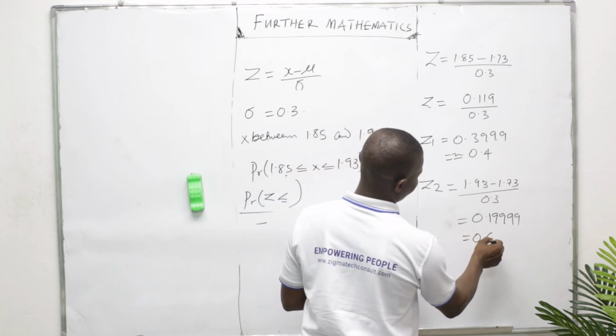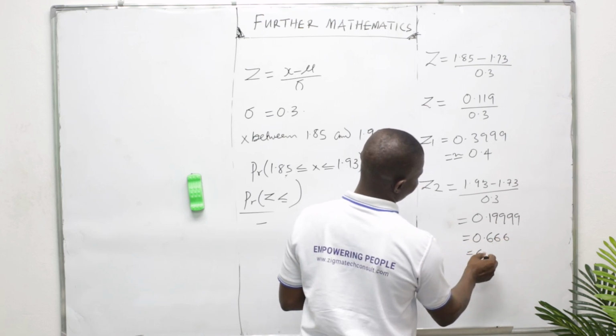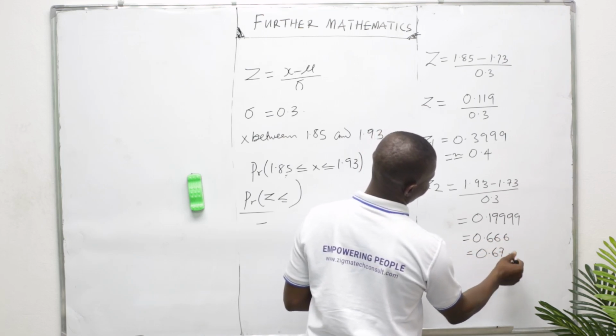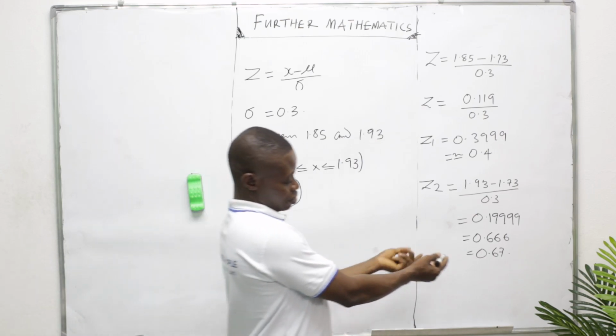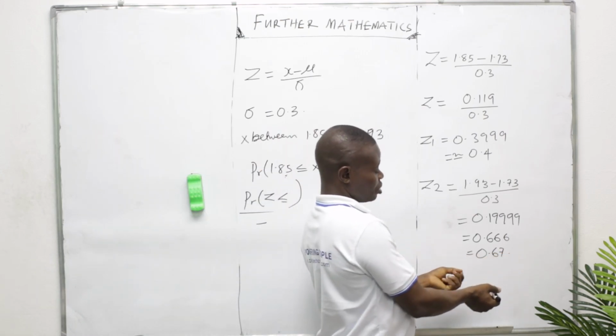Okay, 0.666, that is 0.67. So in this case, this one we enter with two decimal places.